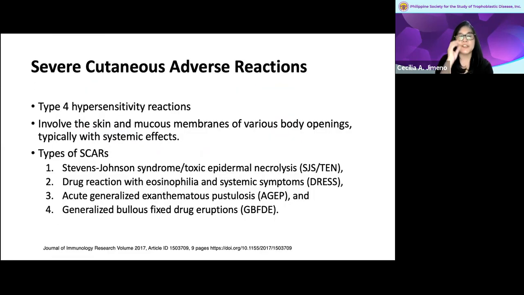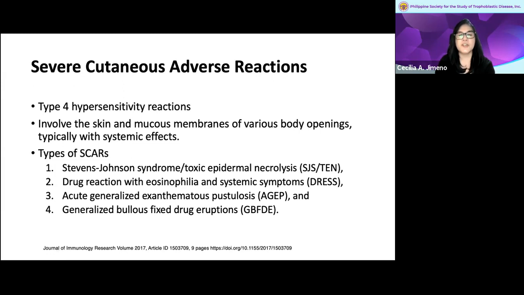These severe cutaneous reactions, which are type 4 hypersensitivity reactions, would involve not only the skin, but the mucous membranes of various body openings, typically with systemic effects. Many references list down 4 different types of SCARs: the Stevens-Johnson syndrome and TEN, the DRESS or the drug reaction with eosinophilia and systemic symptoms, the AGEP or acute generalized exanthematous pustulosis, and the generalized bullous fixed drug eruption.